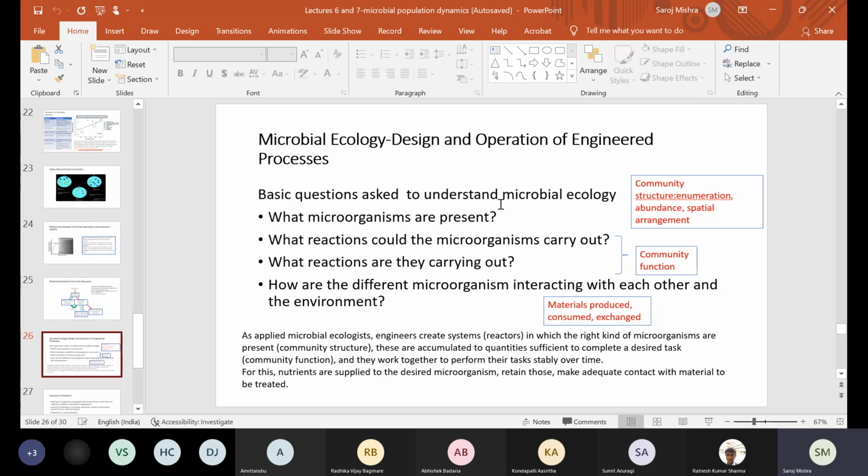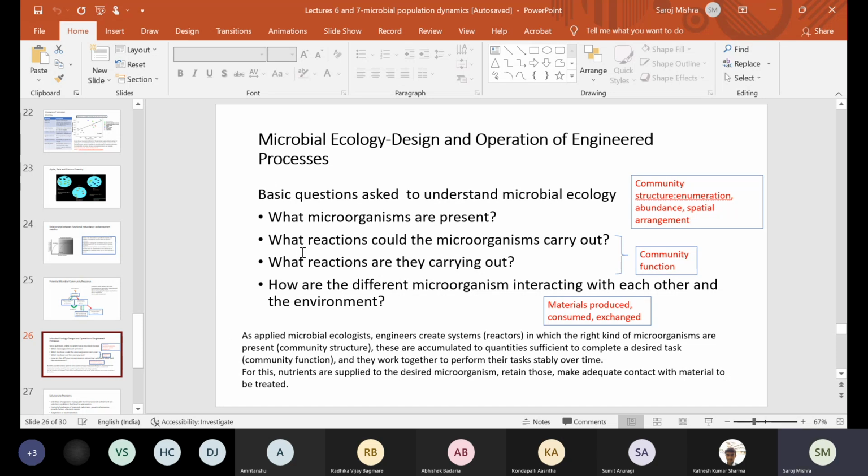As you move deep down into the granule, there are going to be anaerobic microbes. In an activated sludge process or in any anaerobic digestion process, flock formation and granule formation is always accompanied by the formation of these structures. So you need to understand what the spatial arrangement of these members of the community is.